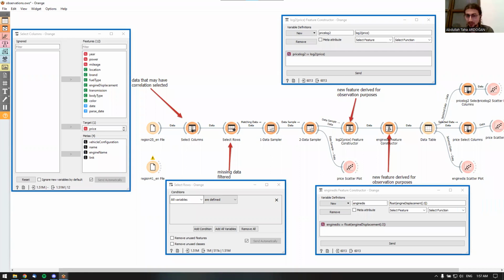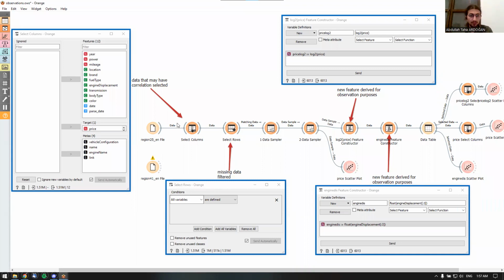We chose these features to analyze because of some correlations: year, power, mileage, location, brand, fuel type, engine displacement, transmission, body type, color, and date. Date is important because if you want to predict or suggest a price, it depends on inflation. Our target is price, as you can see.